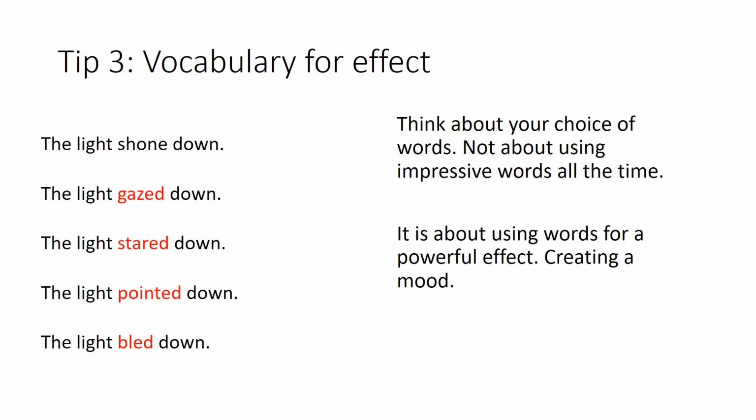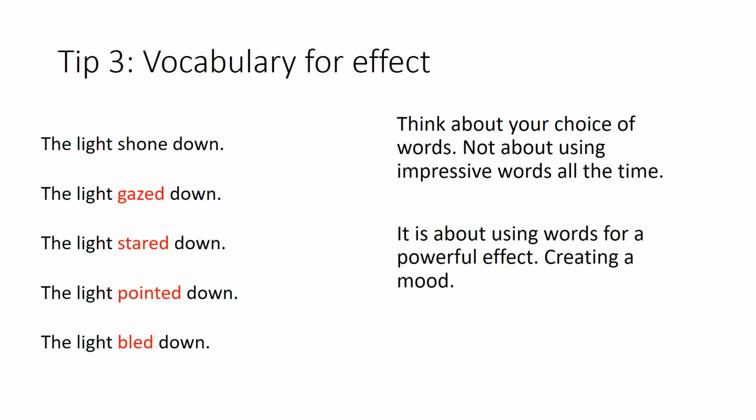The light bled down. Bled makes us think of blood and bleeding, so the idea is that this is a very negative atmosphere. Now those words, the words in red, are verbs, but it's the choice of those verbs that adds to the effect and the meaning, not having hundreds of words that most people wouldn't use normally.